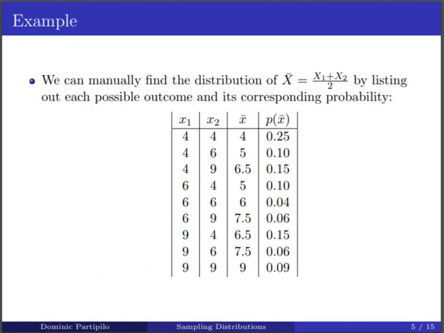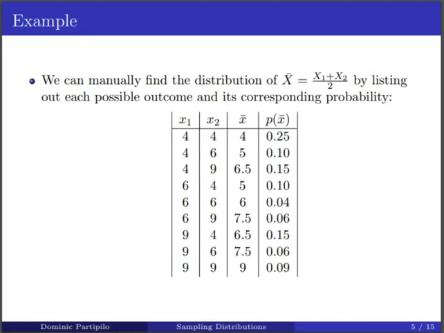Now, the last thing we have to do is notice we have some duplicates here. So we have 2 5s here, we have 2 7.5s here, and we have 2 6.5s. And since there are multiple ways to get those, we can just add up their probabilities.